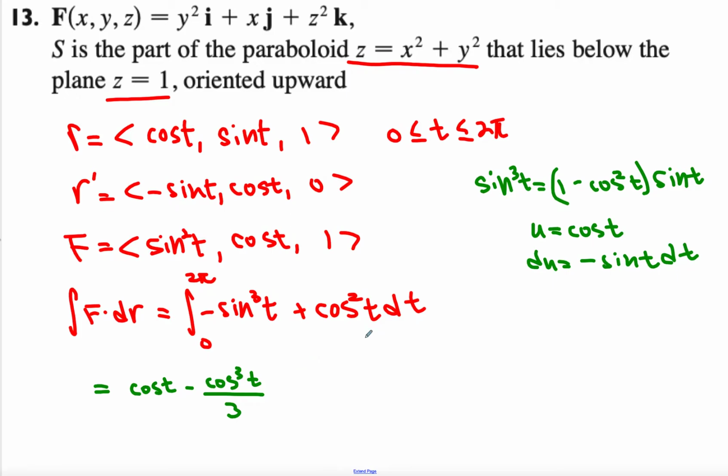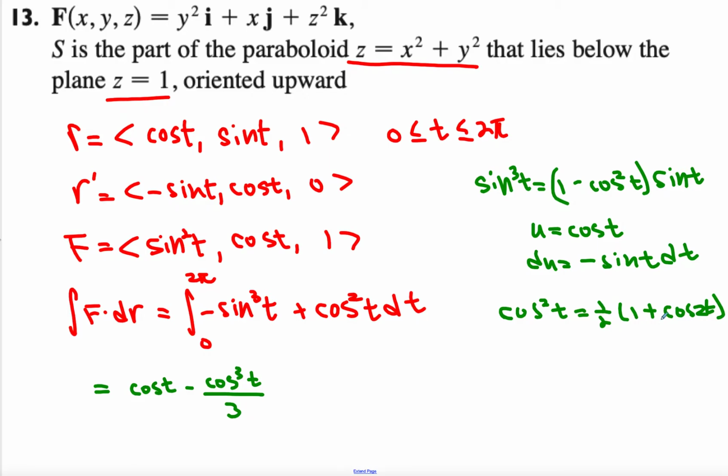Now, how about the next one, cosine squared t? We know this can be rewritten as 1/2 times 1 plus cosine of 2t. I can use that identity.